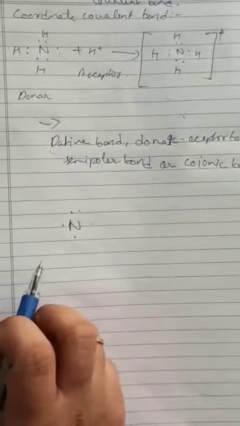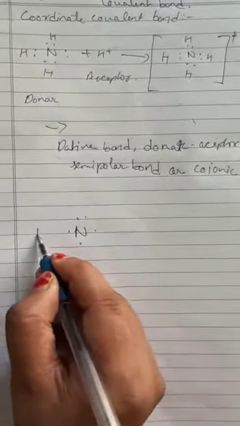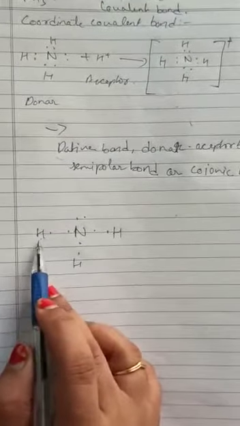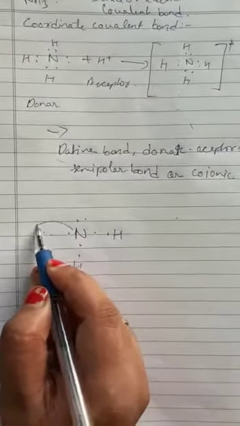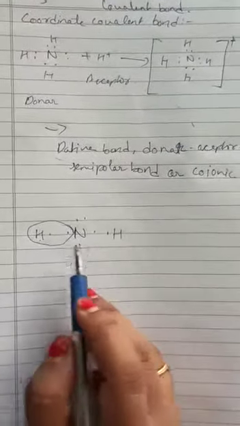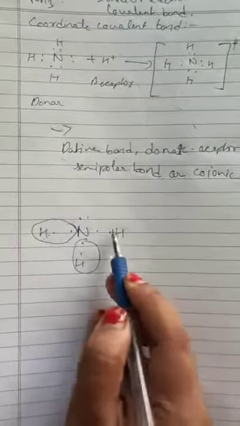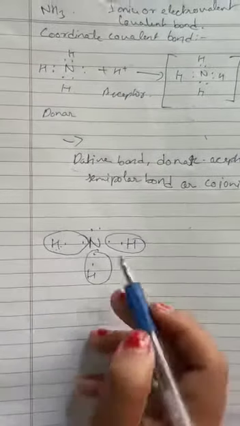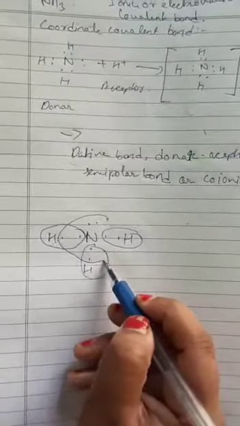When nitrogen has 5 electrons in its valence shell and combines with the 3 hydrogen atoms, hydrogen has 1 electron in its outermost shell. So it will share its electron with the nitrogen atom and complete its doublet. This is how the other hydrogen atoms will also share electrons with the nitrogen atom, and the nitrogen atom will share its electrons with these hydrogen atoms.